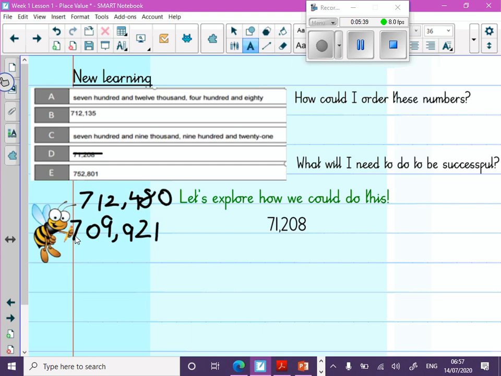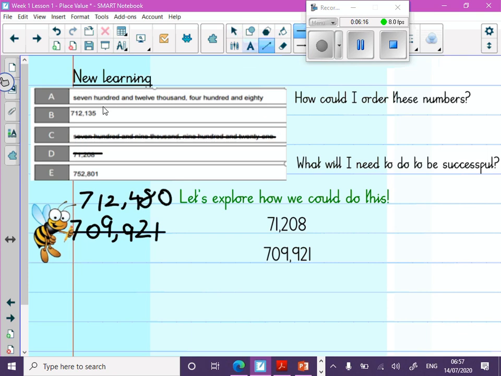Now, all of these numbers have got 700,000s, so we will not be looking at this digit. So let's go to our 10,000s. Well, this has 1 10,000, this has 1 10,000, this has 0 10,000s, and this has 5 10,000s. So the number that would come next in my order would be 709,921. And again, I can cross that number out to make it really clear that I have used that number already. And I will also cross it out up here.